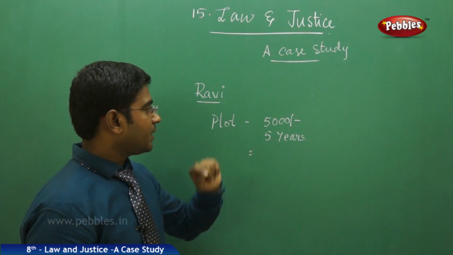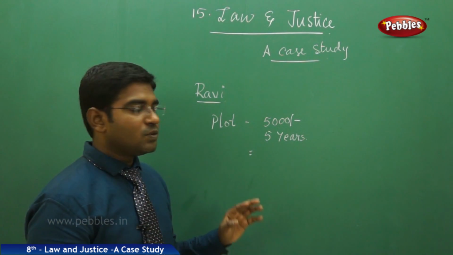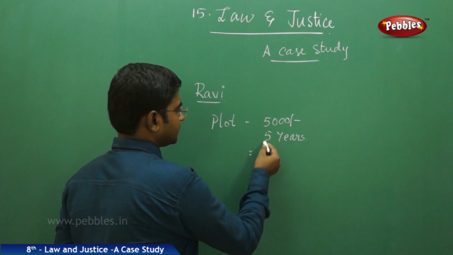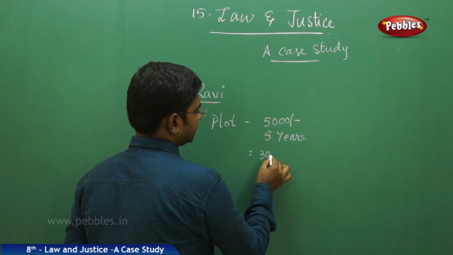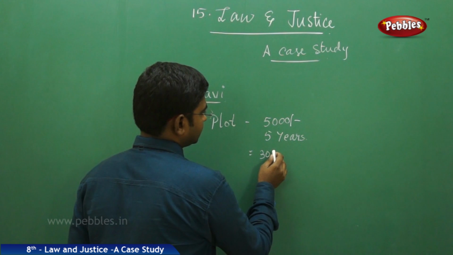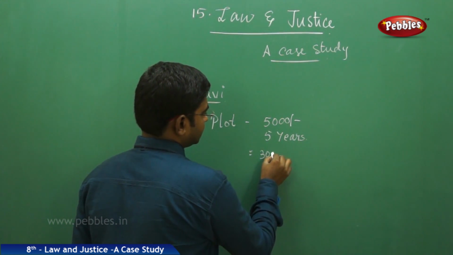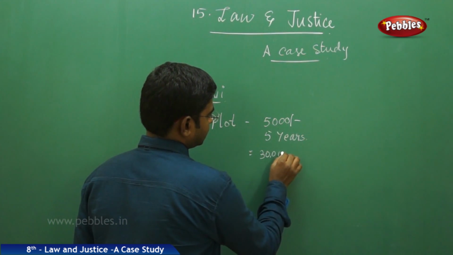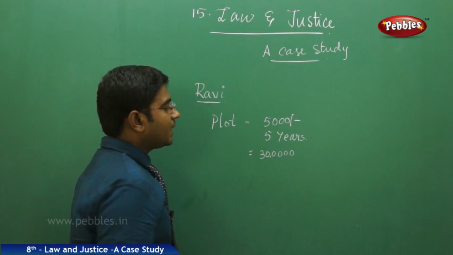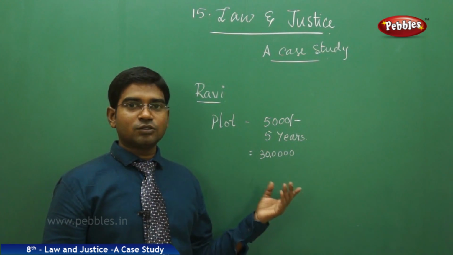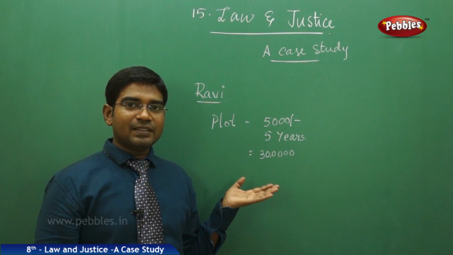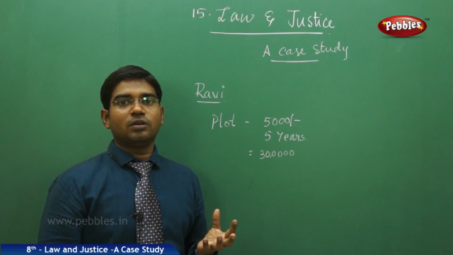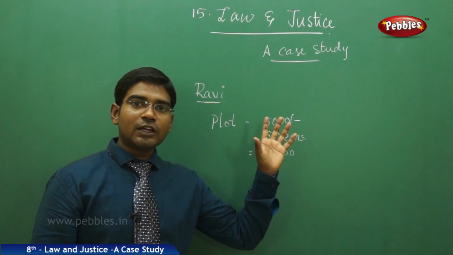For 60 months he has to pay 5,000 per month, which is nearly 3 lakh that he is supposed to pay. So by paying this amount in small installments, he can own a land.